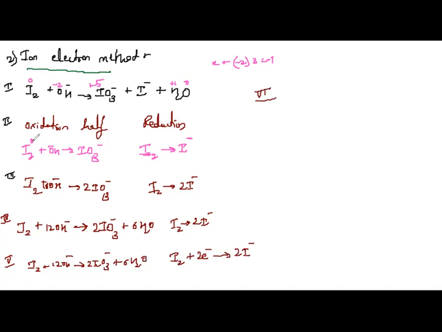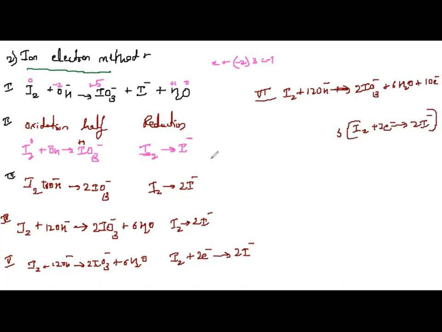Here, from 0 it is becoming +5, so 5 electrons per iodine. I2 plus 12OH minus gives 2IO3 minus plus 6H2O, with 5 electrons times 2, so 10 electrons. The next half: I2 plus 2 electrons gives 2I minus. I have to balance it again, so I will write 5 here.